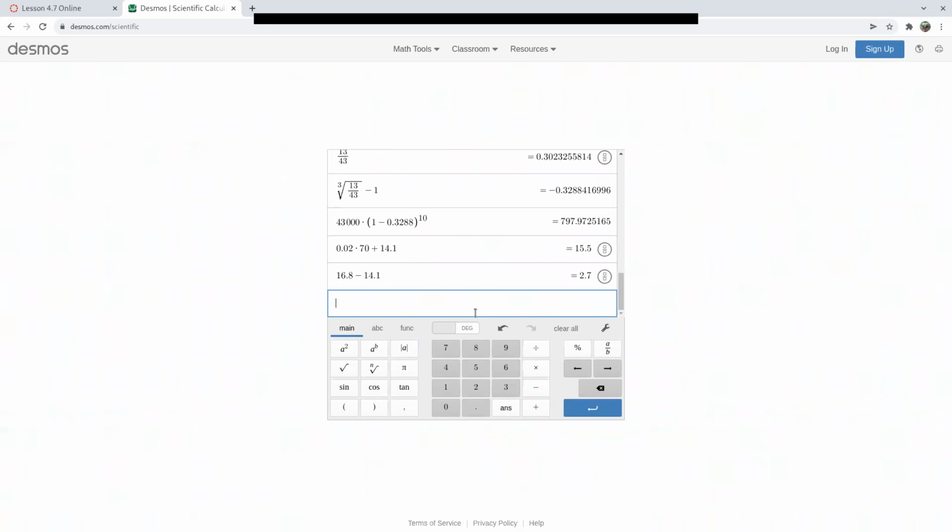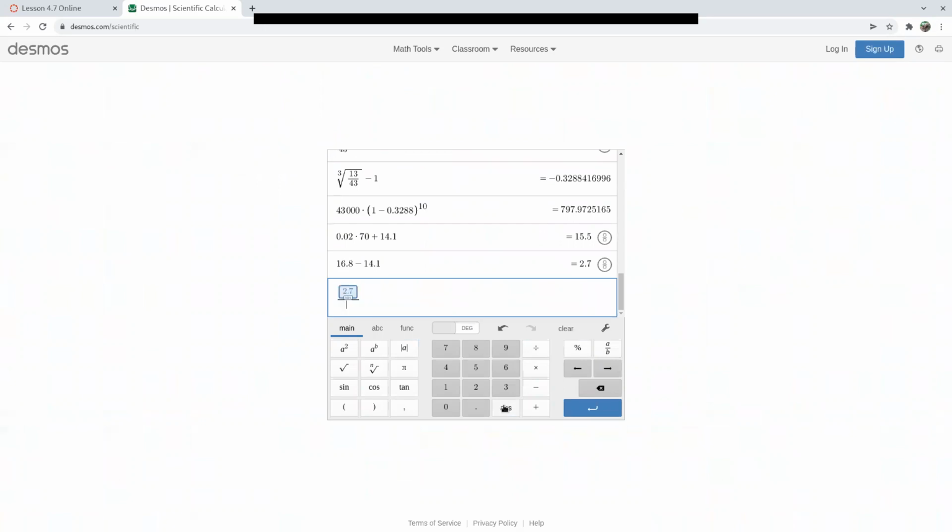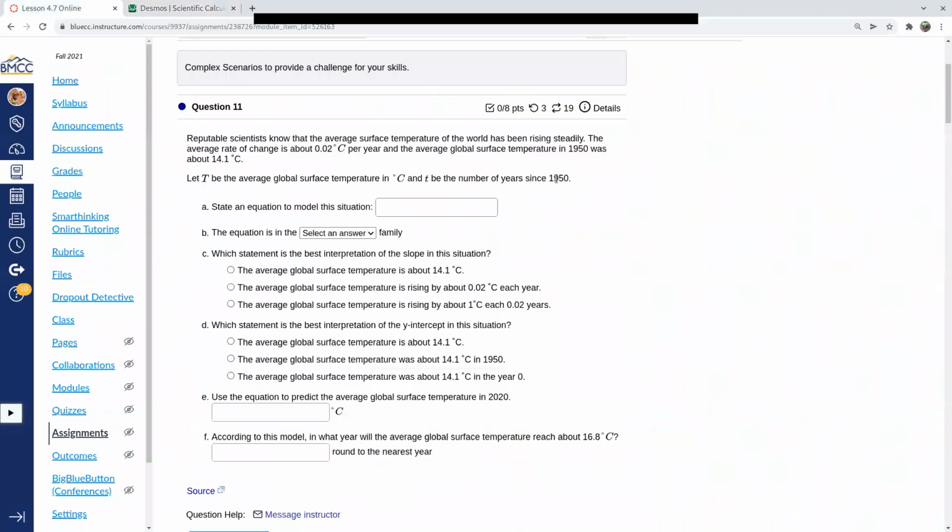And that's the 2.7. Now I need to take that 2.7, my previous answer, and divide by my slope, 0.02. I get 135 years has to go by from 1950. All right, let's write that down.